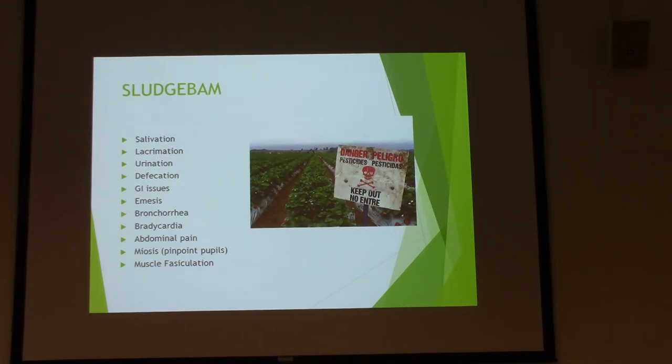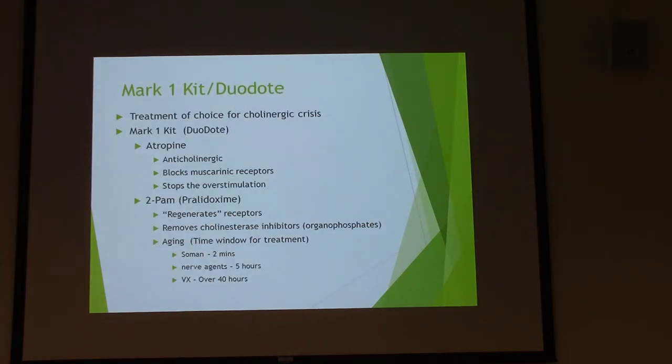Yeah, they've actually added BAM onto the end of it: bradycardia, abdominal pain, pinpoint pupils, and muscle fasciculations. So our Mark 1 kits, they're so expired, and I know the government, after they administered or gave you guys the DuoDote, they pretty much said you can get rid of the Mark 1 kits.